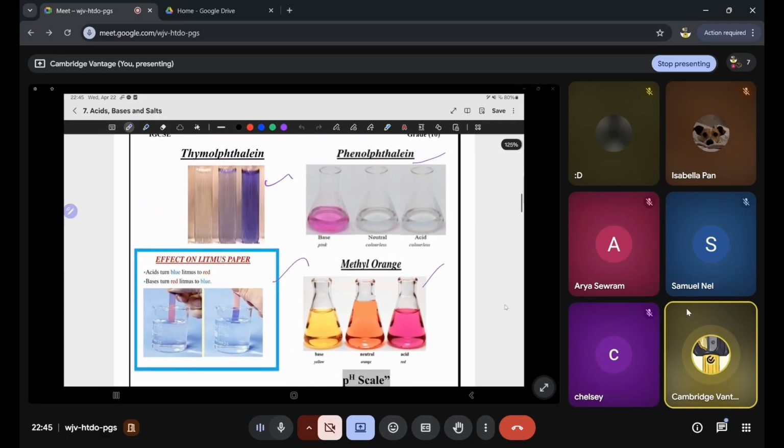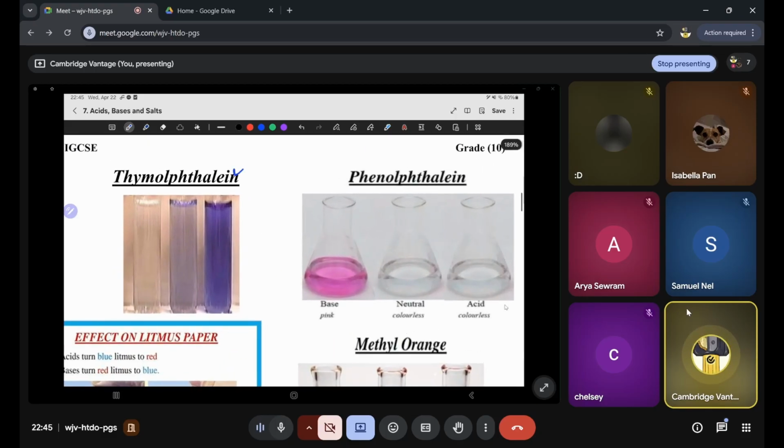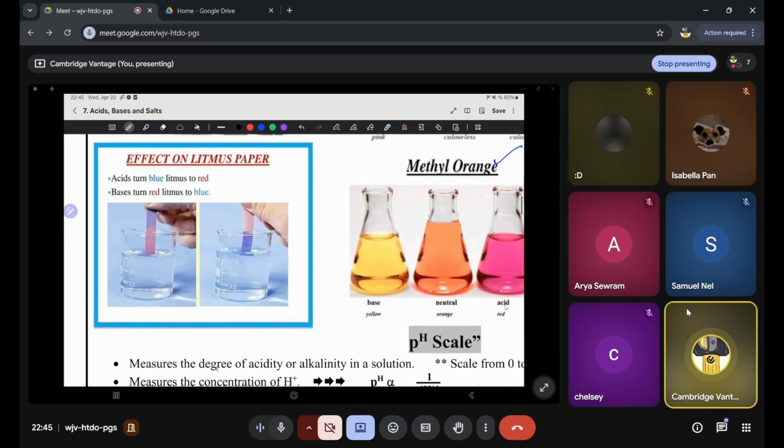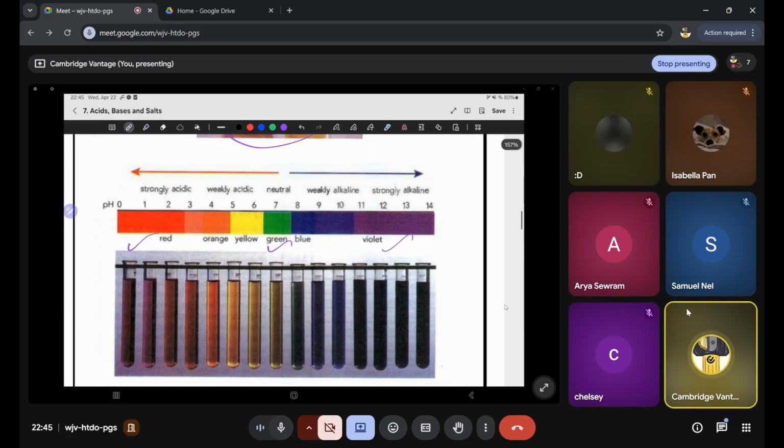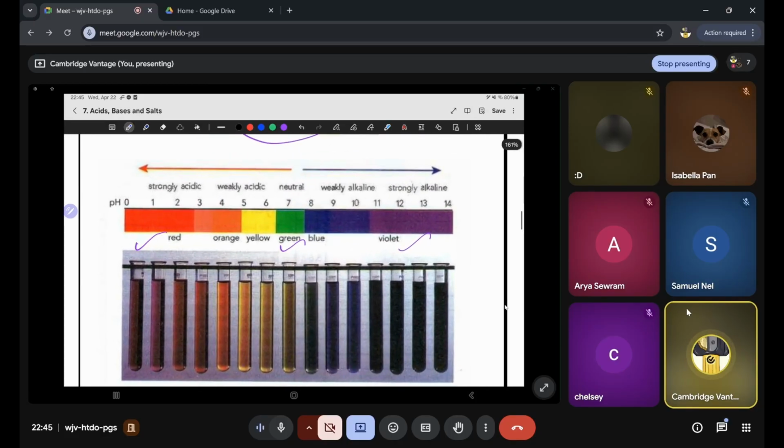So here are the different colors of indicators that you have in your syllabus, and we are going through this because one of you asked this question. So I have thymolphthalein, phenolphthalein, methyl orange, litmus paper, and universal indicator solution as potential indicators.